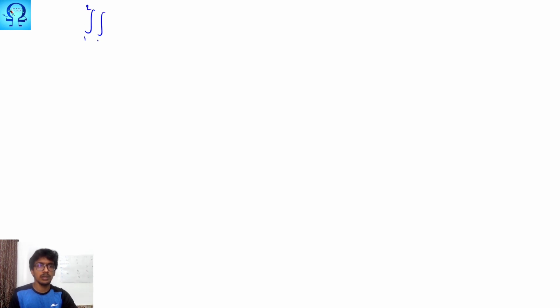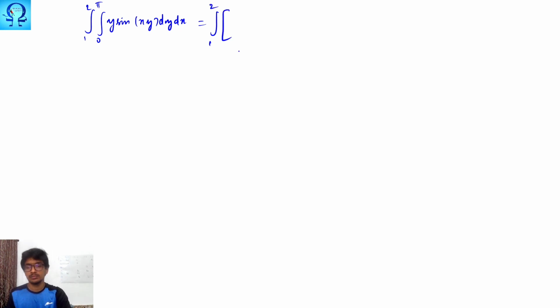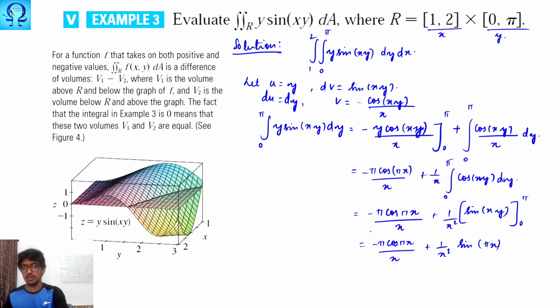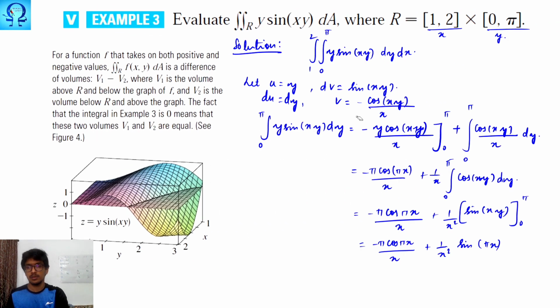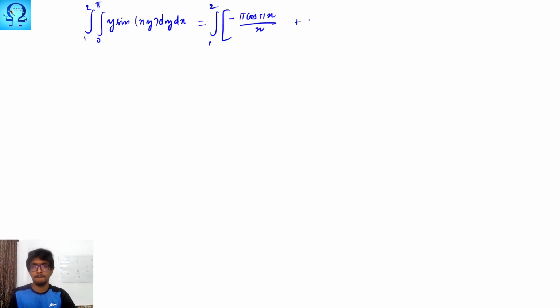The integral 1 to 2, integral 0 to pi of y sin xy dy dx is now in the form of integral 1 to 2 of minus pi cos pi x by x plus 1 upon x square sin pi x, with respect to dx.